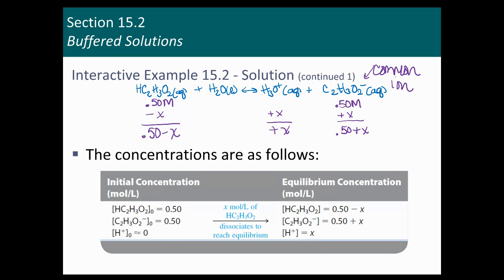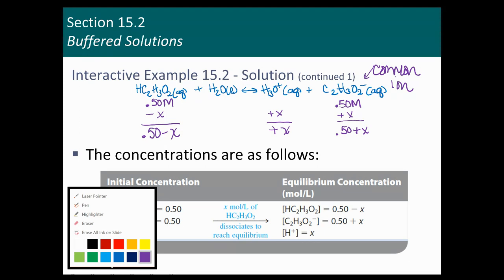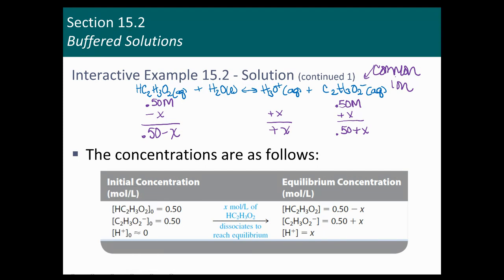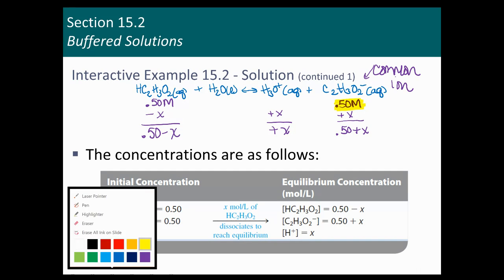Okay, so the only thing that's changed, but it's a very, very important change, is the fact that I have acetate ion present there from the beginning. So that's new, right? That's not something we've done before.